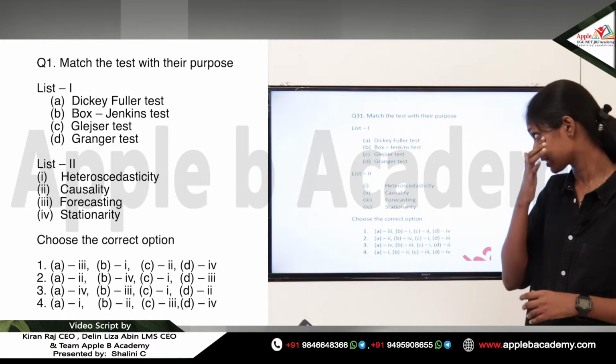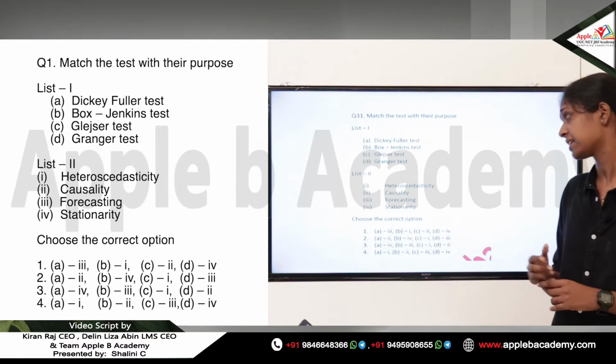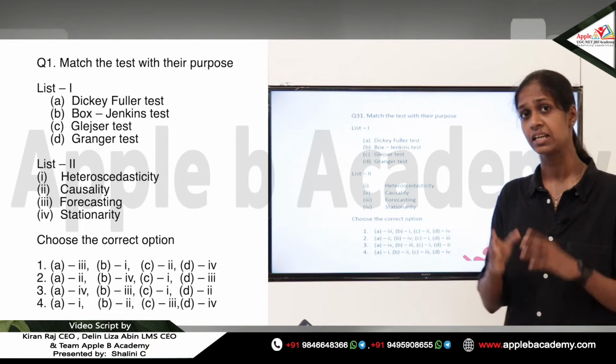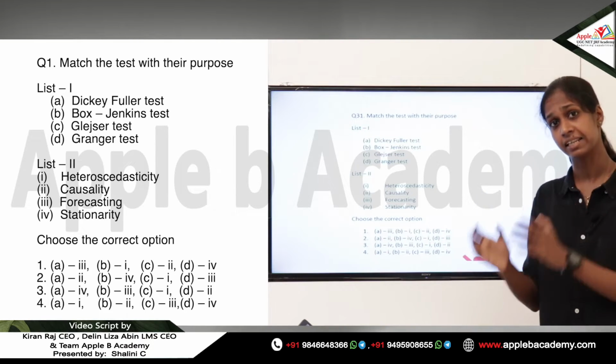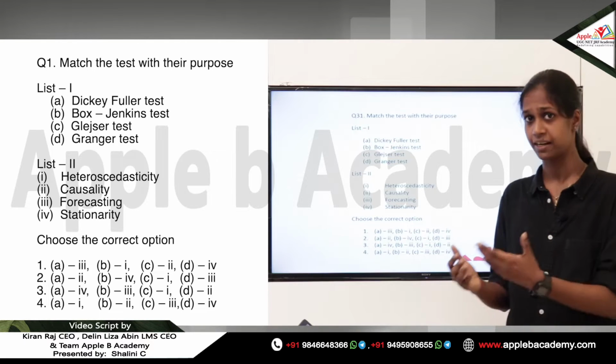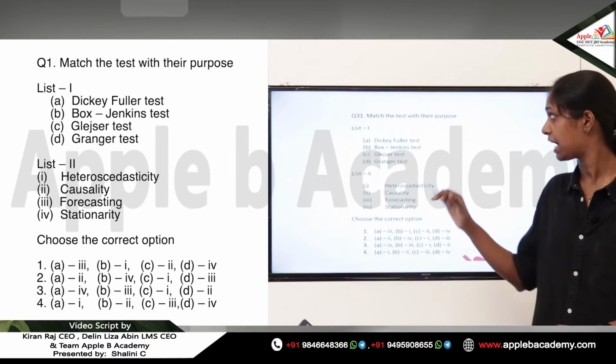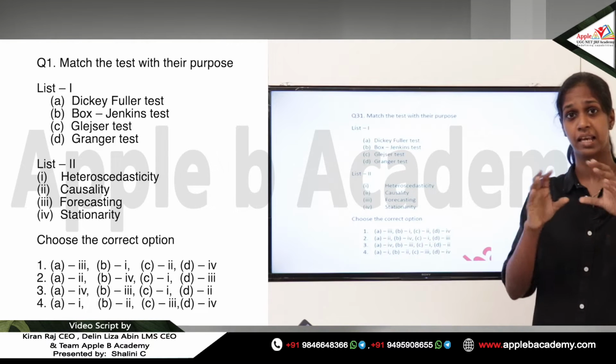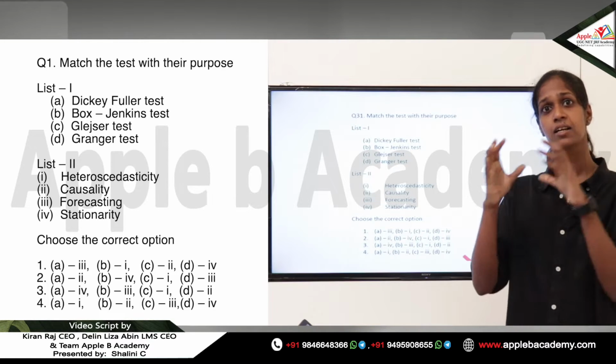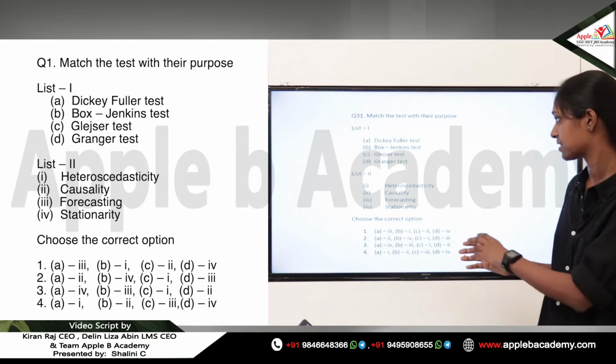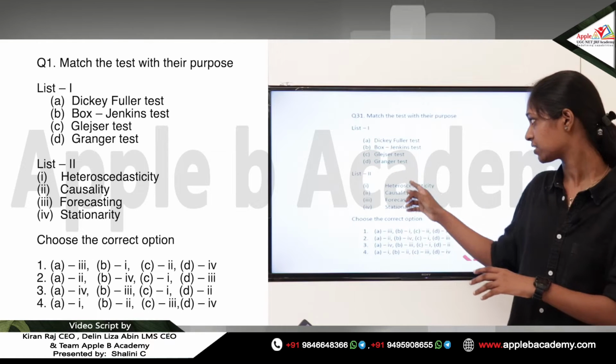Option C is the Glesjer test. Glesjer test is a test for heteroscedasticity. There are also various other tests used to check heteroscedasticity, which we will discuss. And the last one is the Granger test, and as the name suggests, it is a Granger causality test. So D is 2.